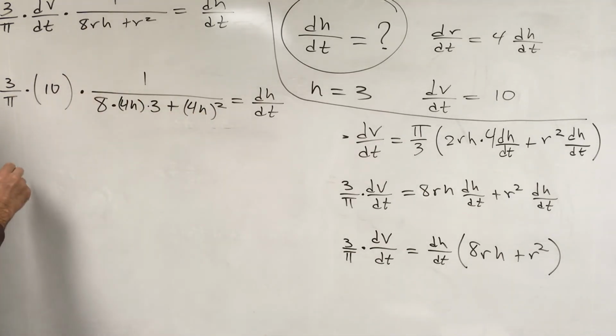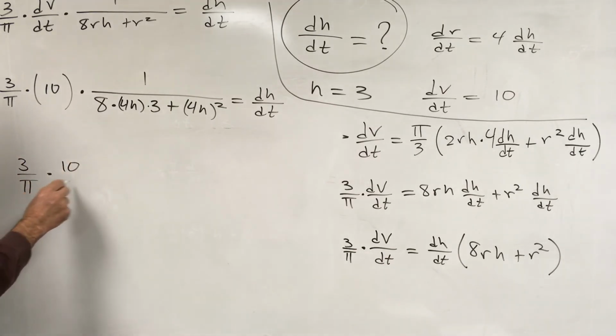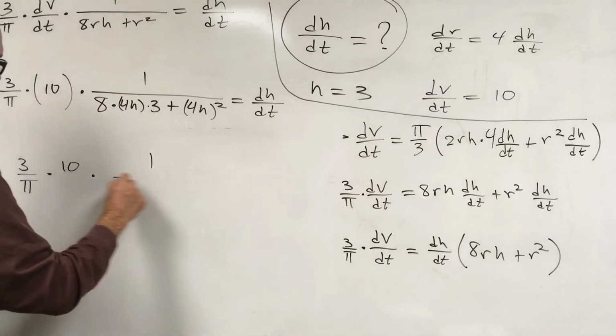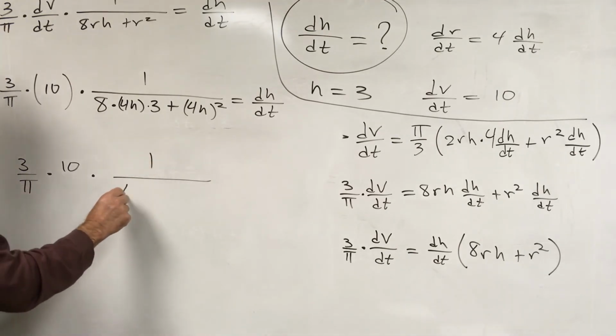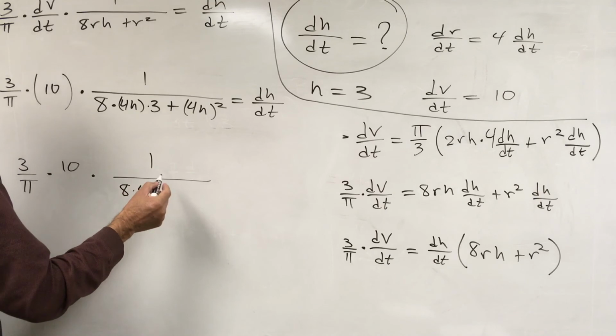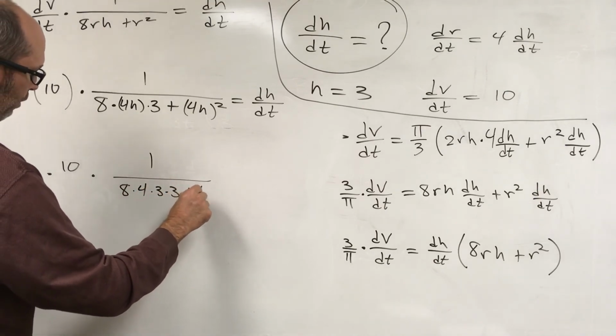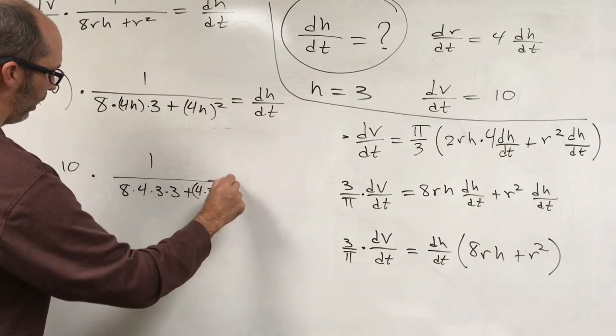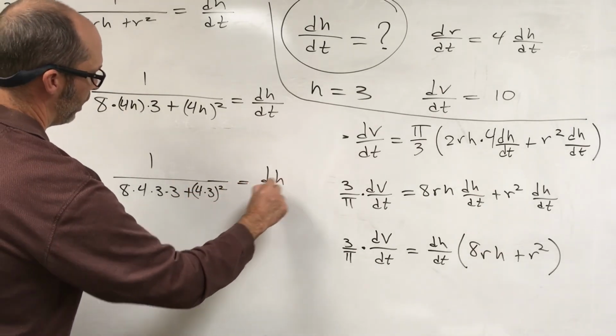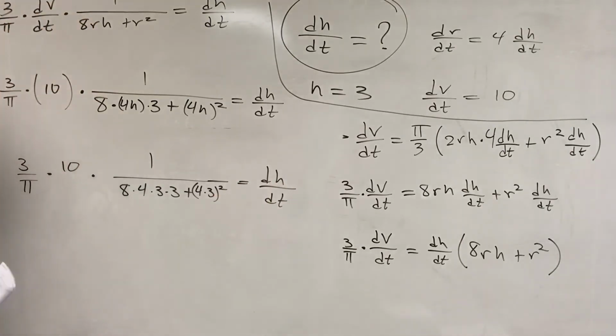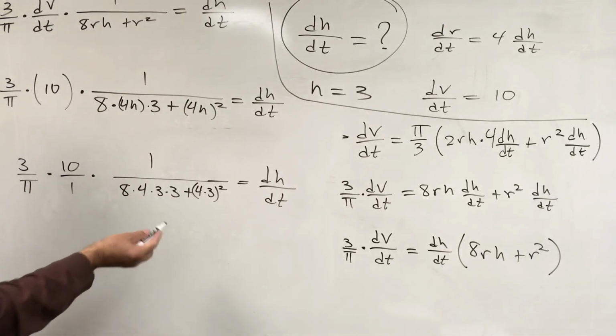So 3 over pi times 10 times 1 over 8 times 4 times 3 times 3 plus 4 times 3 squared equals dh/dt. At this point it's just a matter of plugging it all into your calculator.